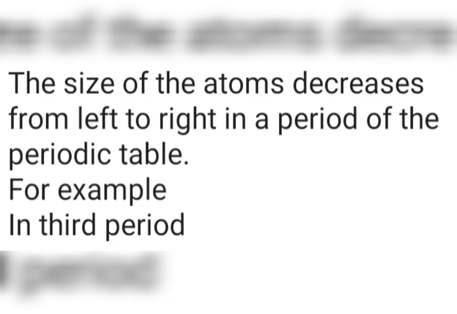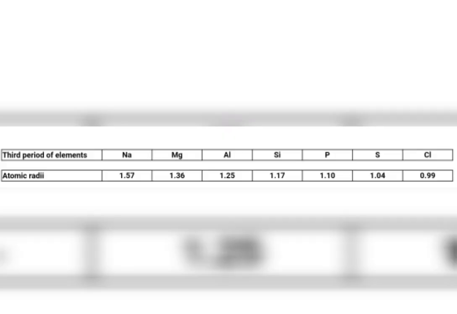The size of the atoms decreases from left to right in a period of the periodic table. For example, in the third period, what are the elements present in the third period?